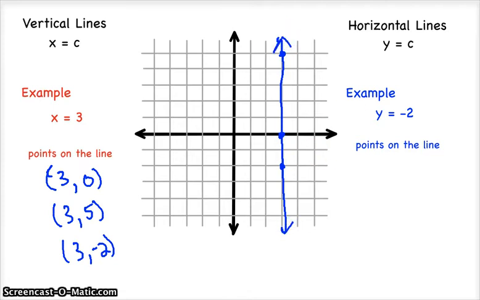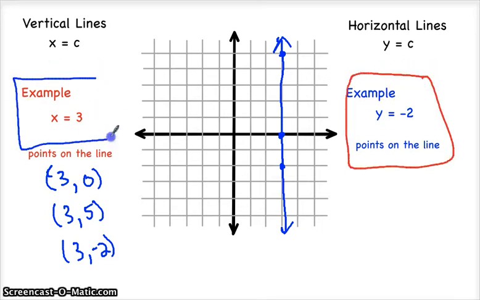I kind of flip-flop this. There's my red line. Did this one in blue, but anyway. I can also make a horizontal line out of a y equals equation. Again, we're saying that all of the y values will be negative 2.